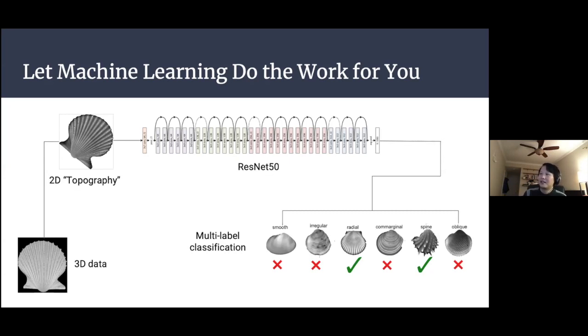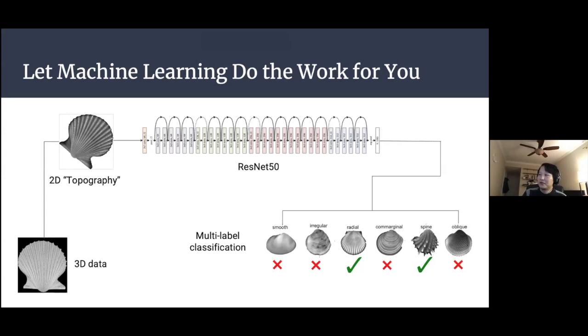It is a multi-class classification problem where every image is assigned a single class, but it's not readily applicable for the shell data, for exactly the same reason covered in the previous slide. There's no single primary type that can fit every 3D data.